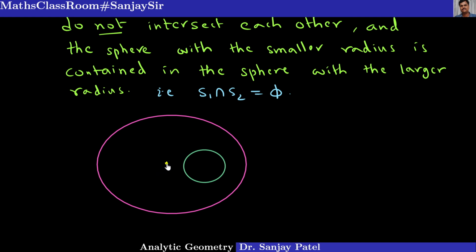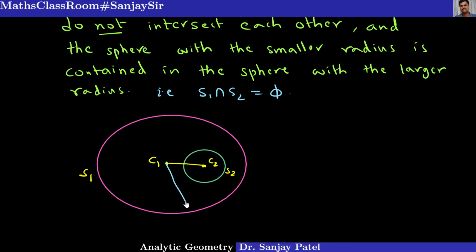This is center C1 of the sphere S1, and this is the center C2 of this sphere S2. Okay, and this distance C1C2 is less than R1 minus R2.